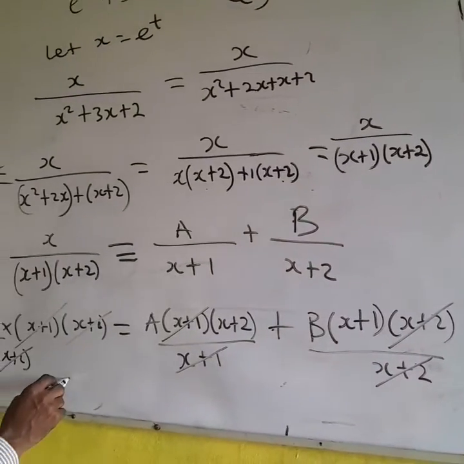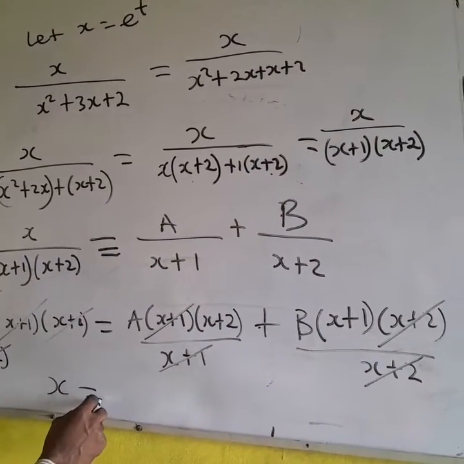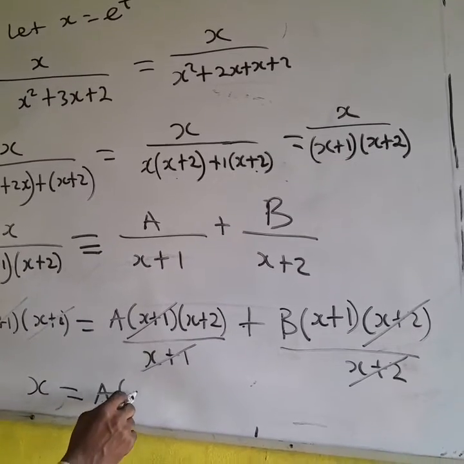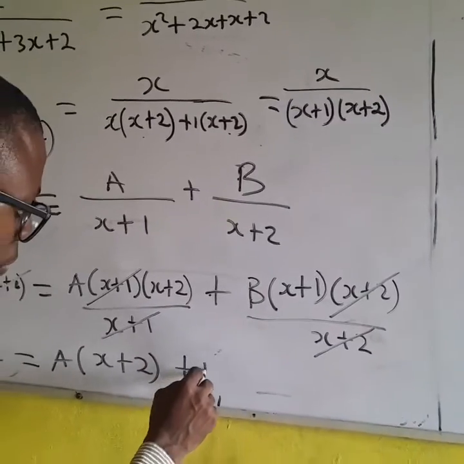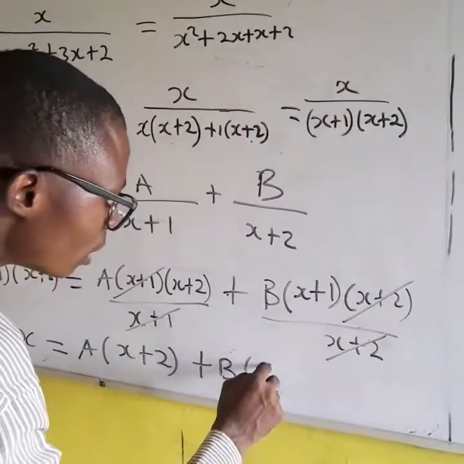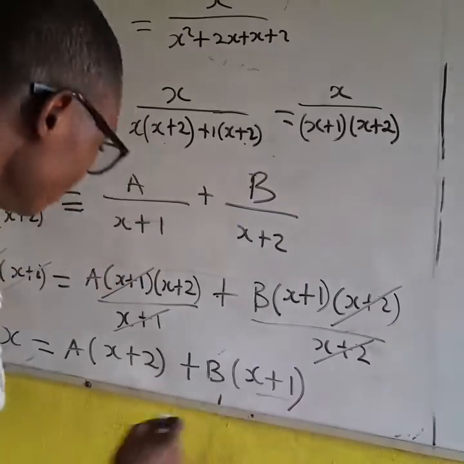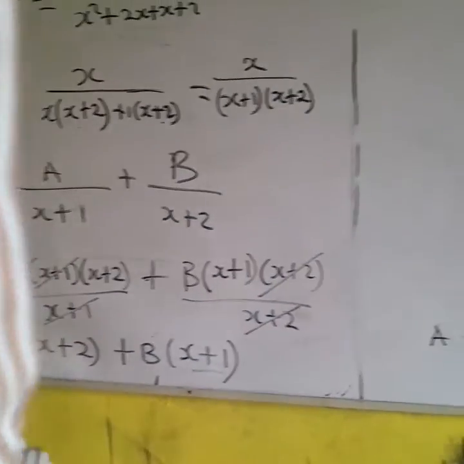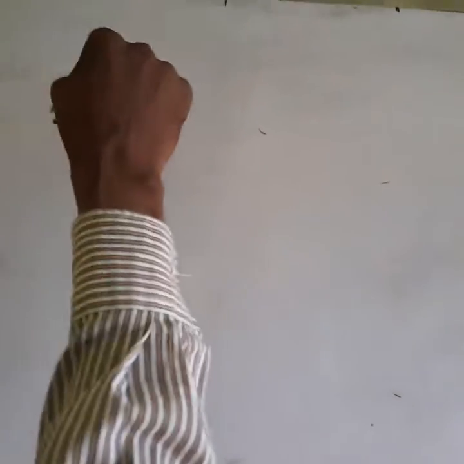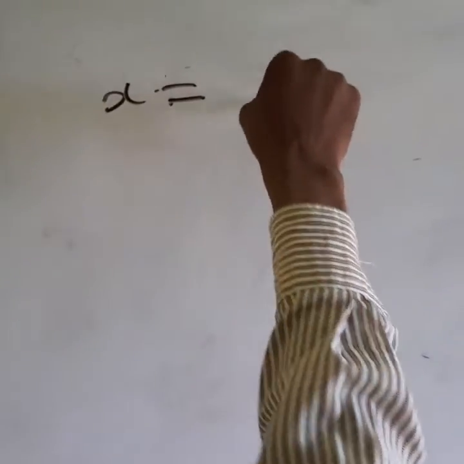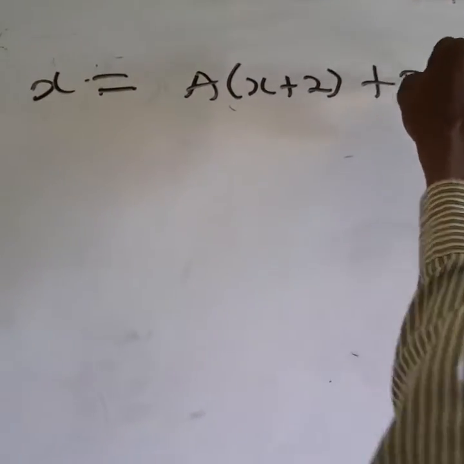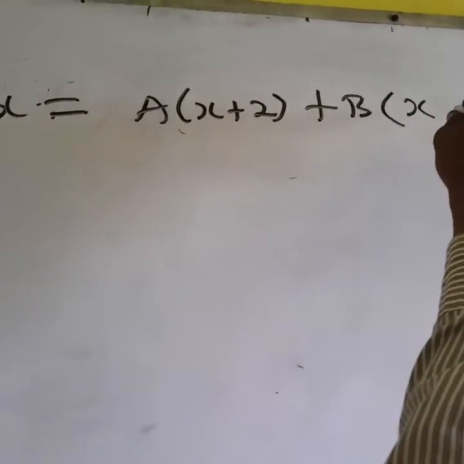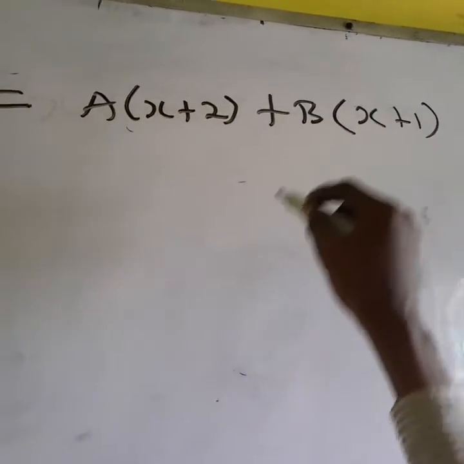So we have an equation that looks like this: x equal to A into x plus 2 plus B into x plus 1. So we apply the cover-up method.